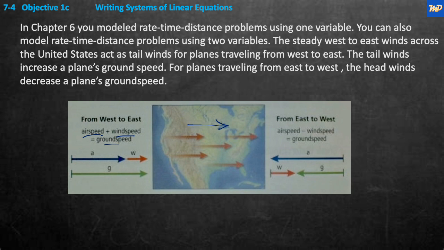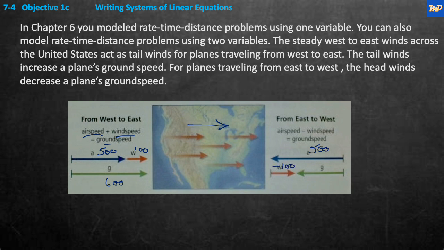So you're going at, say, 500 miles an hour, and you have a 100-mile-an-hour wind, you're going to be going 600, because 500 plus 100 equals 600. You'd be going 600 miles an hour. If you're going the other way, and you're going 500, I'm going this way now, and I have the headwind, so it's 500 again, and this time it's negative 100.